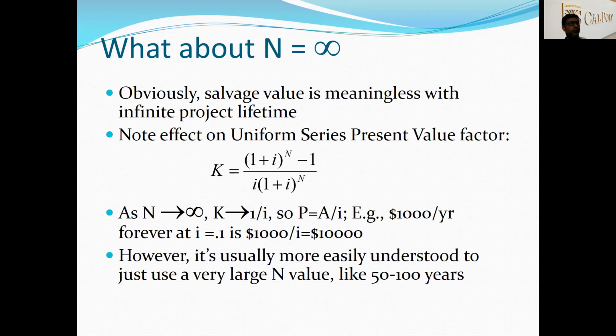And remember, our uniform series present value factor is this one. But if you make n into infinity, this value becomes very, very large compared to 1.